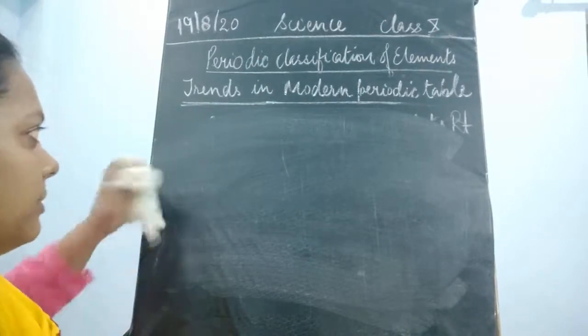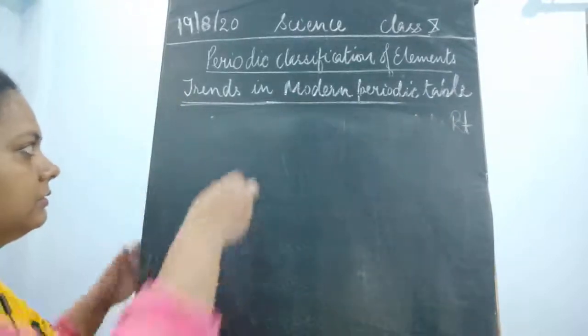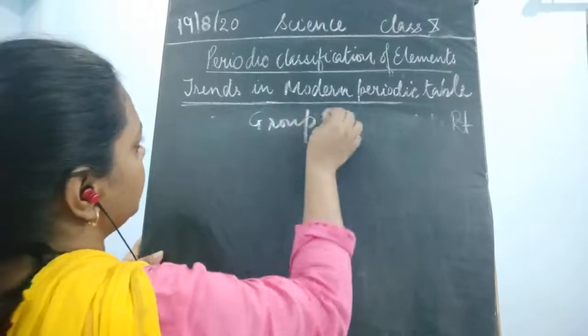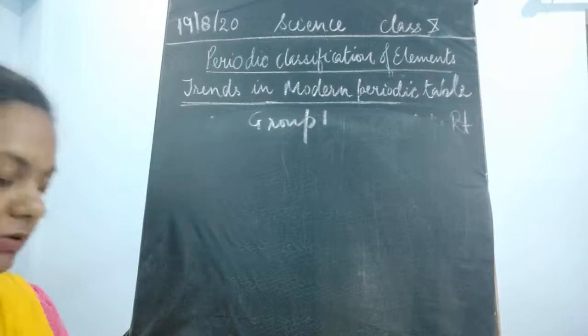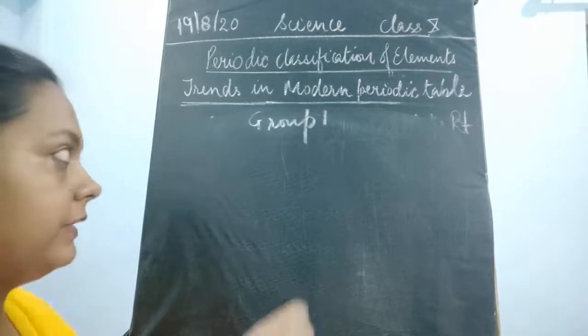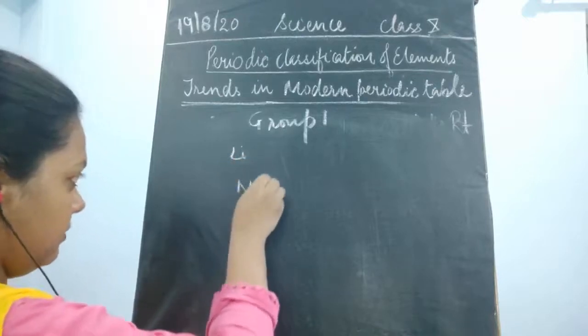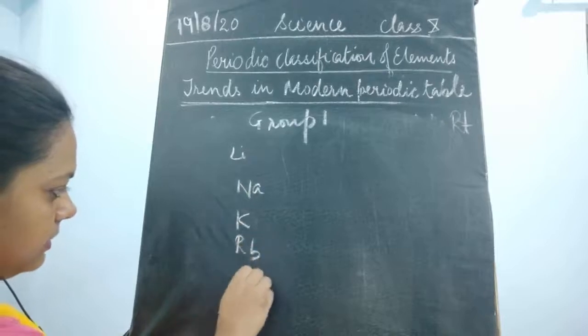The group 1 elements are lithium, sodium, potassium, rubidium and cesium.